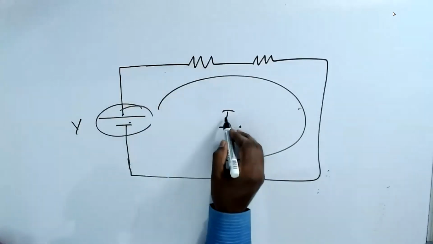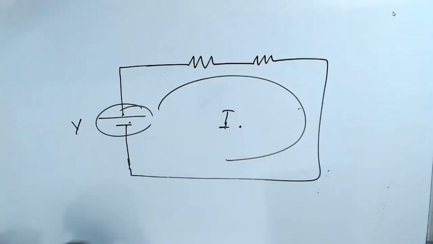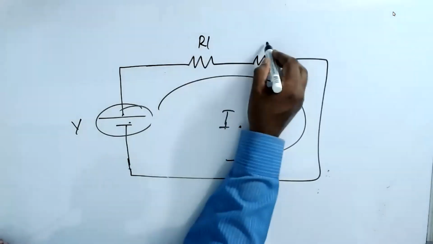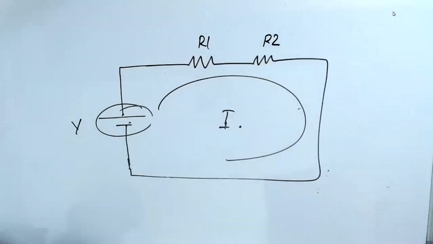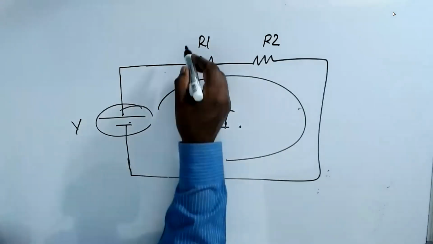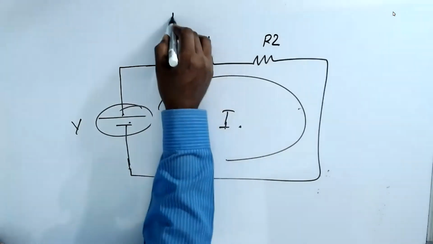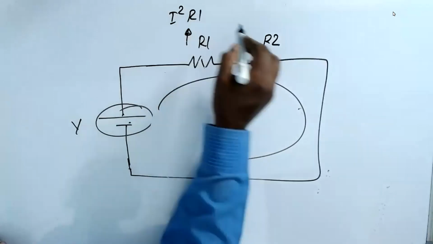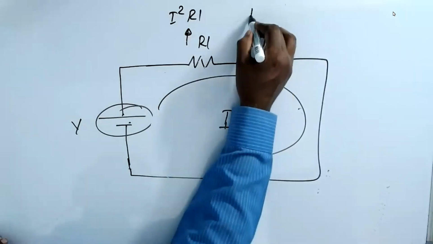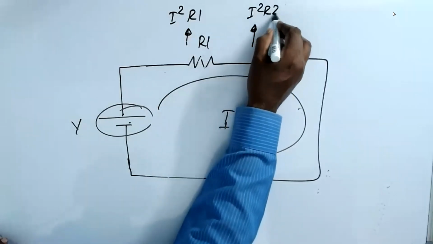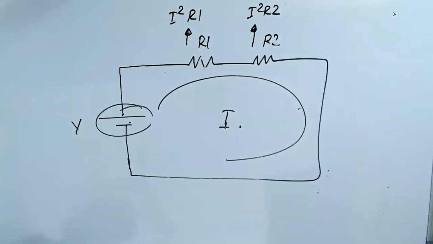That's why the I is common. This is resistor 1, this is resistor 2. The power produced by this one is I square R1. The power produced by this one is I square R2. Am I right?